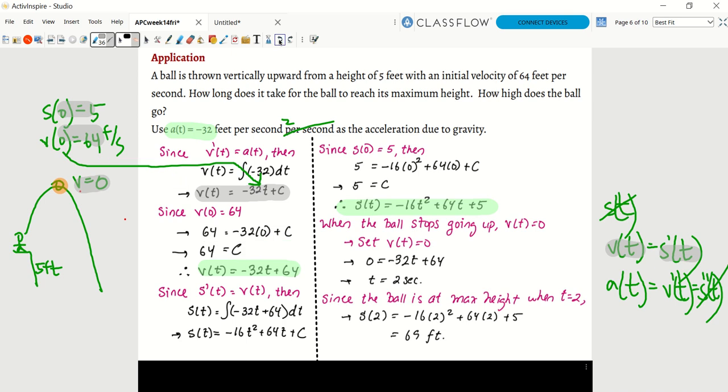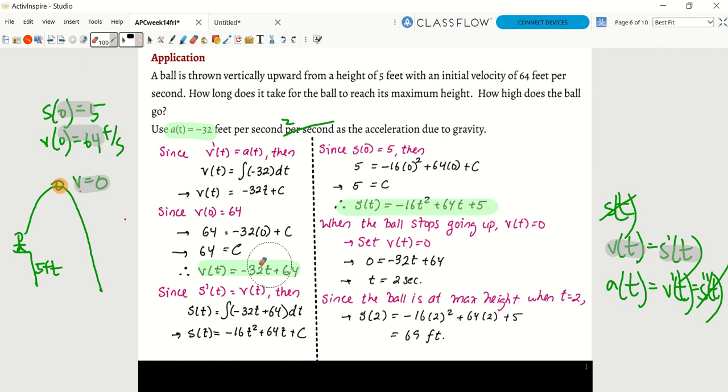All right. And so now our velocity function is going to be this gray with a 64 for c. Okay. All right. So this is our velocity function going backwards. Okay.